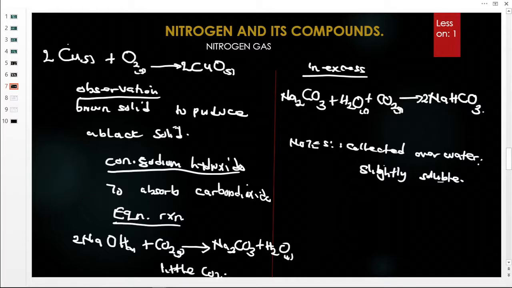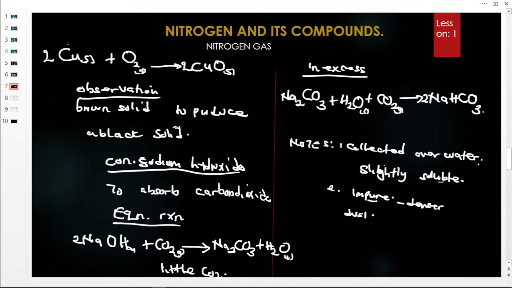Then note 2, the gas obtained is impure, so it becomes denser. And why is it impure? It contains some dust particles, because we are using isolation from air. So the air comes with the impurities, the dust, and so on.